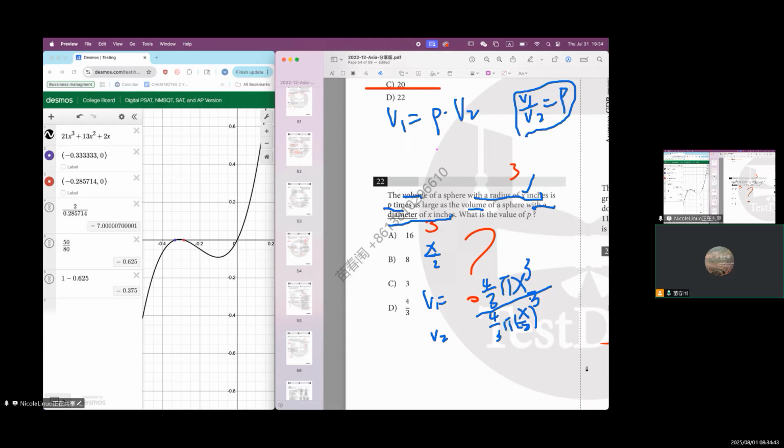So that one is x. Why is it not? Oh, what happened? Oh yeah, I can write it down. So basically it's x, and then the other one is x/2. Basically, it's 2/1, the ratio of the radii, right? So that's why you have the cube, to get the ratio of the volume.